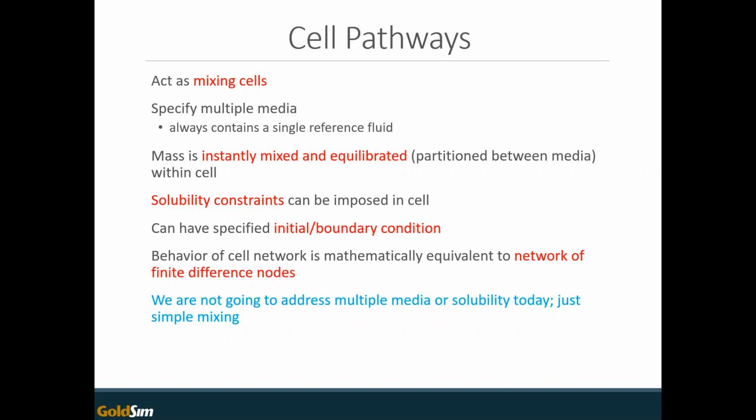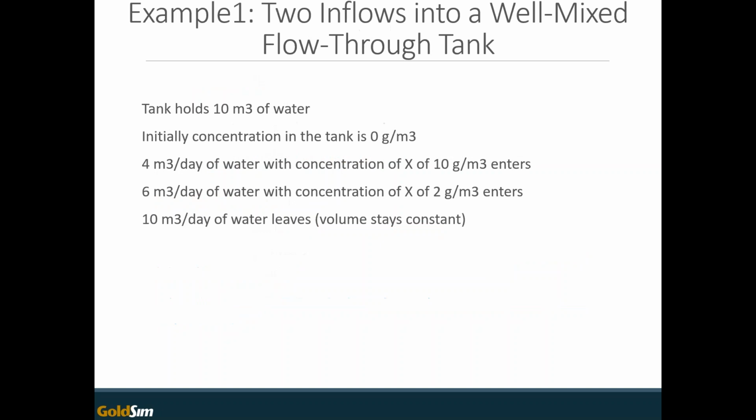And if we had multiple media, which we won't in our examples, but let's say we had some water and soil, instantaneously the mass is partitioned between those media. That's how cell pathways work. We can do things like apply solubility constraints and do partitioning. We're not going to do that today. We're just going to address simple mixing without multiple media or solubility constraints. So let's look at a simple example.